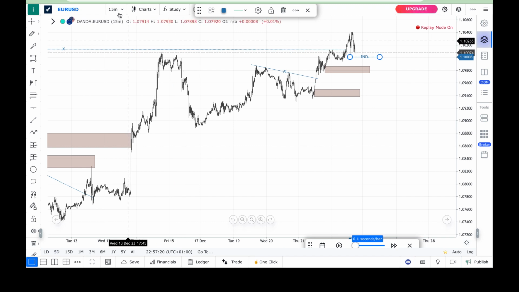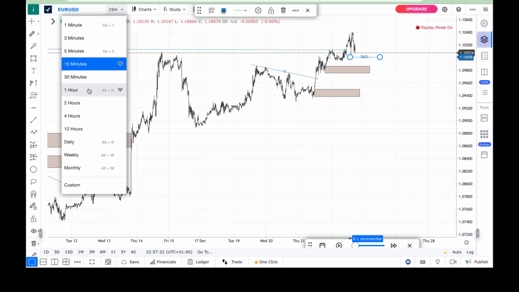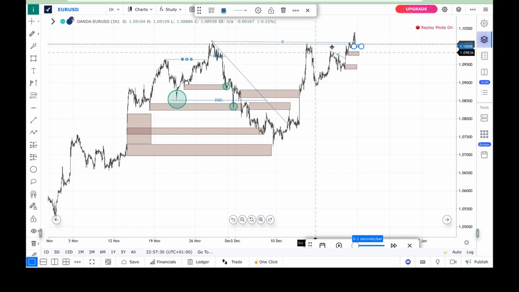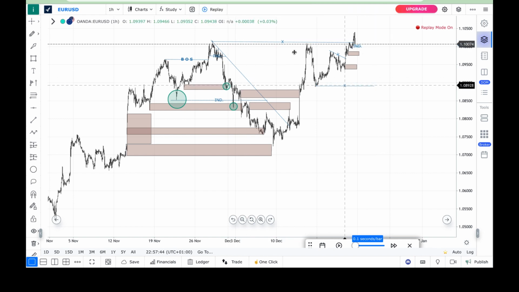is, let's go to 1 hour. What they fail to realize is an external high has been taken, and once an external high gets broken, the external inducement, which is external liquidity, needs to be taken also.